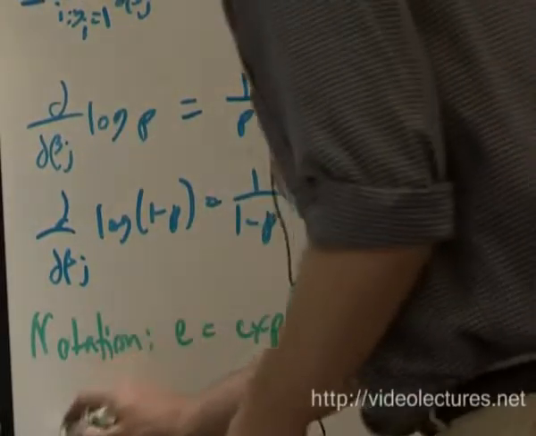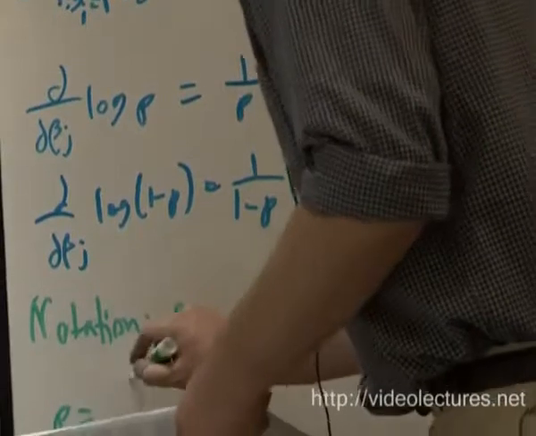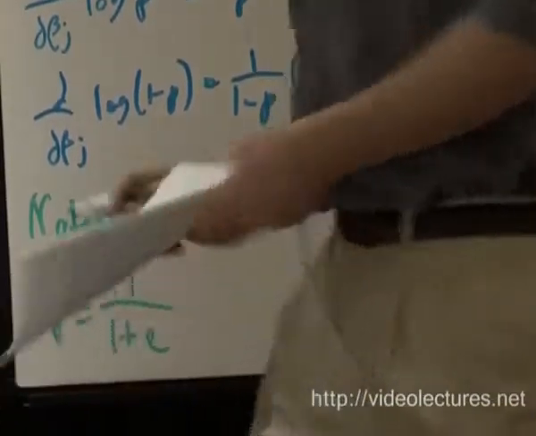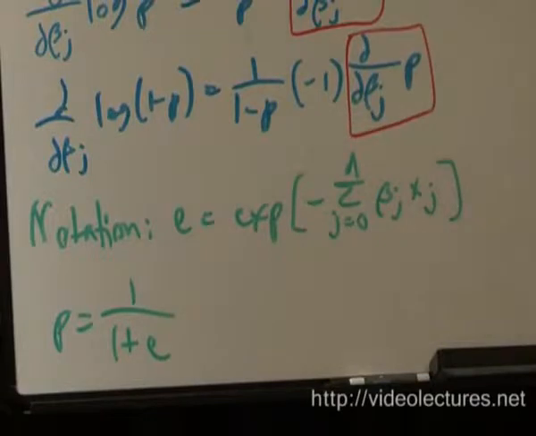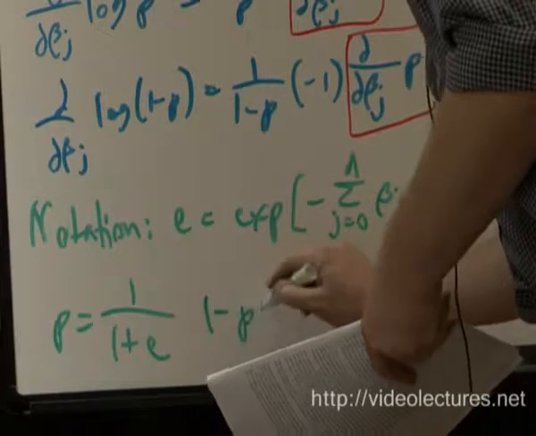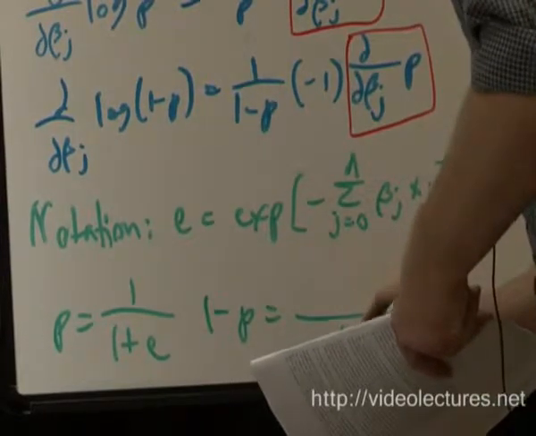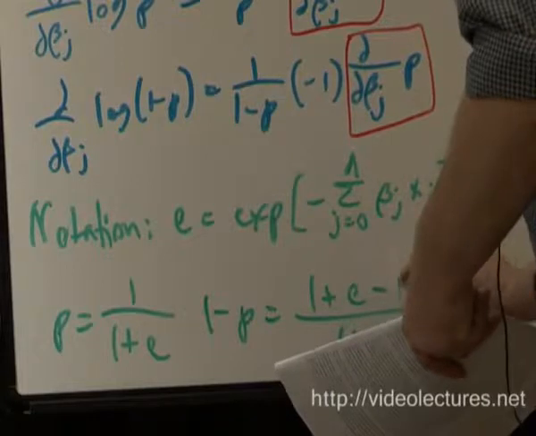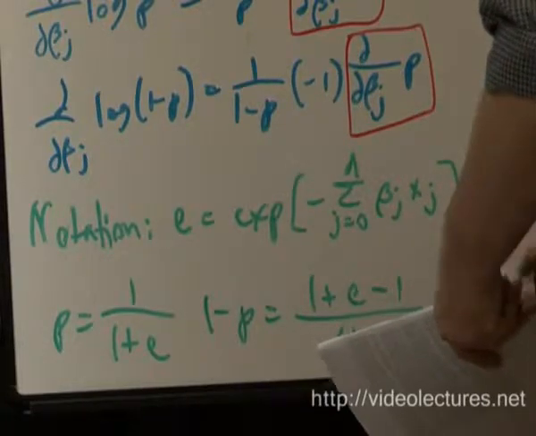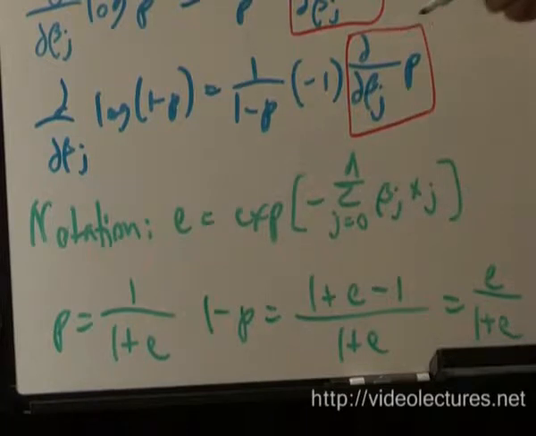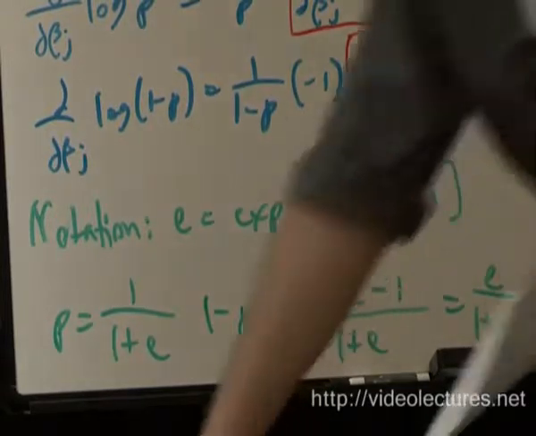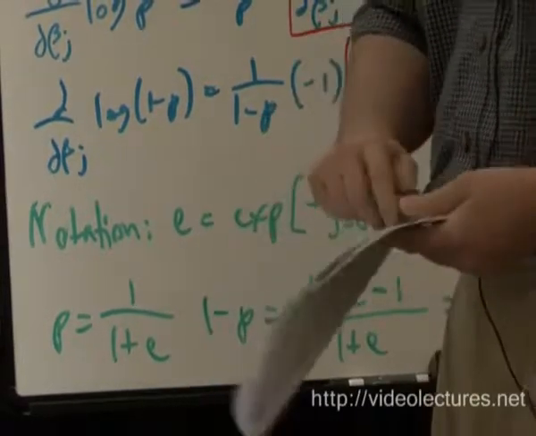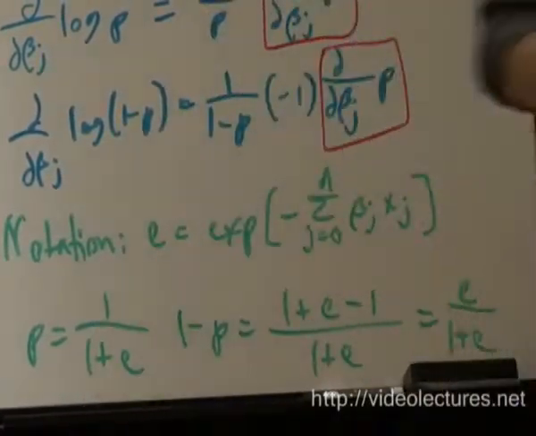And then P is 1 over 1 plus E. So this is my logistic regression function. And 1 minus p is, so over 1 plus e, and then 1 plus e minus 1 is e over 1 plus e. Okay, so I use that notation.